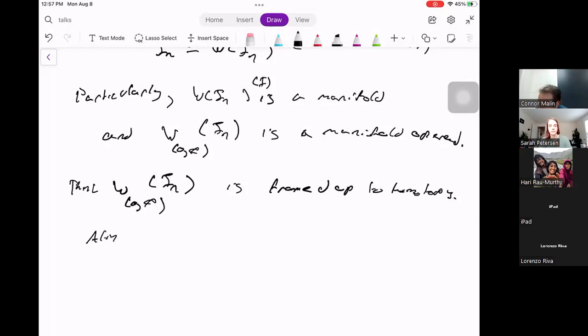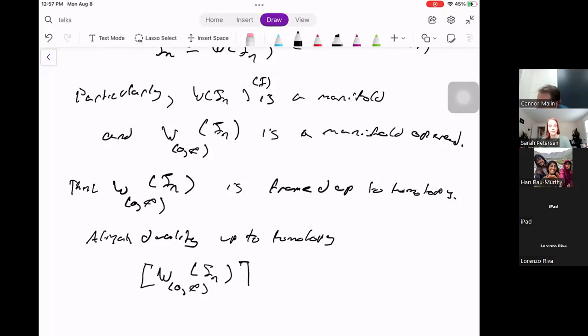So Atiyah duality up to homotopy means that I basically have the statement of Atiyah duality, but with brackets around it. So I'll have W zero infinity Fn is equivalent to, and I will get the shift right here, a shift of the 1-point compactification of it, dualized.